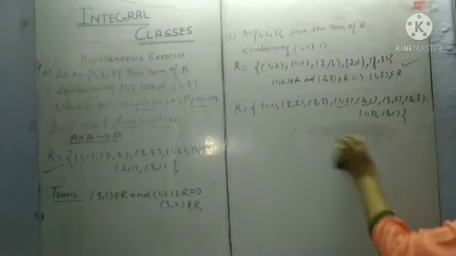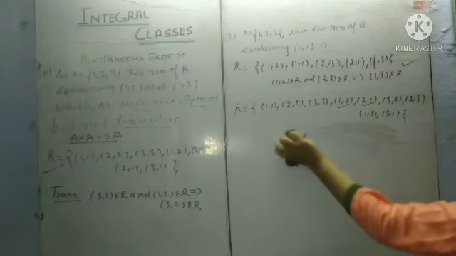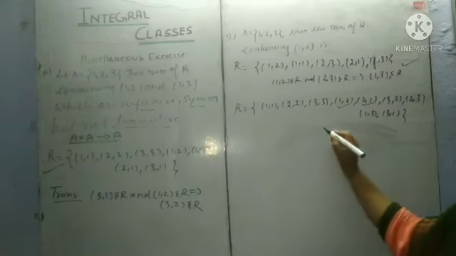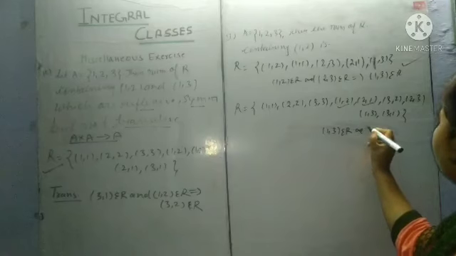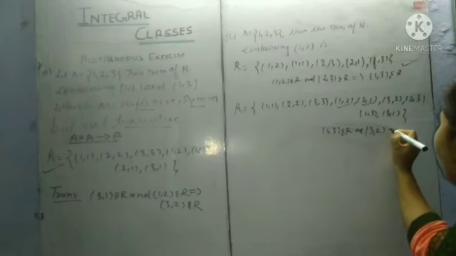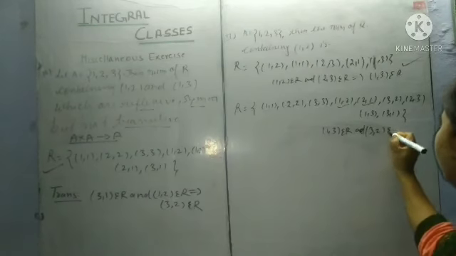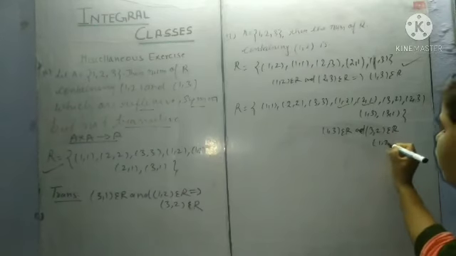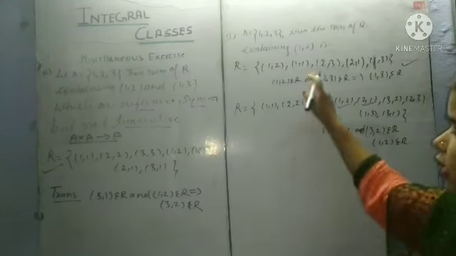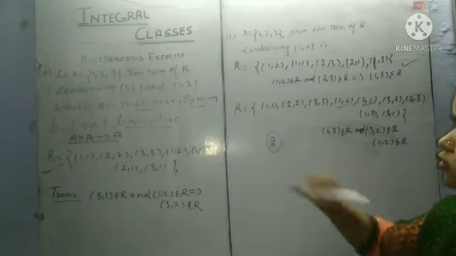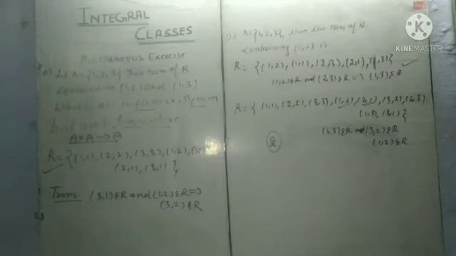We will take another example. (1, 3) an element of R and (3, 2) an element of R. So (1, 2) is an element of R. So it is transitive also. The answer of this, how many relations we will write here? 2 relations. So that is the solution of questions number 16 and 17.